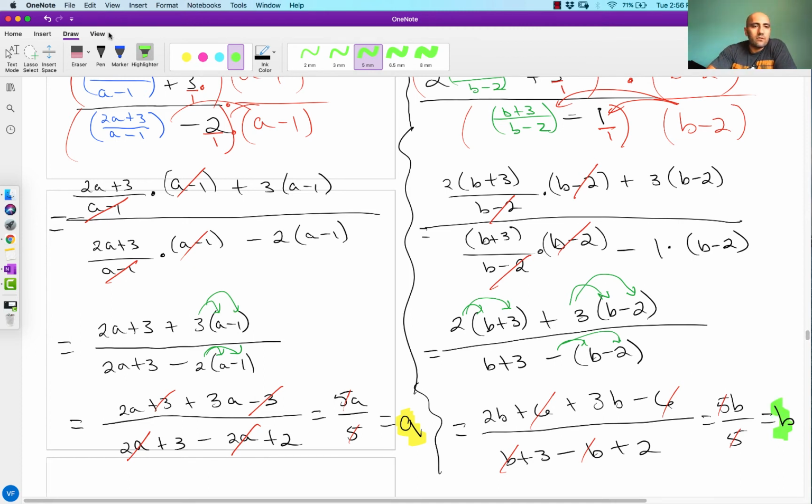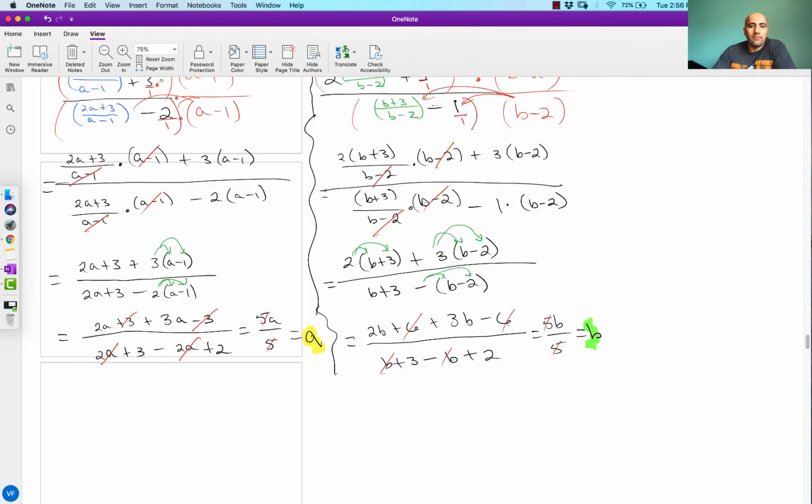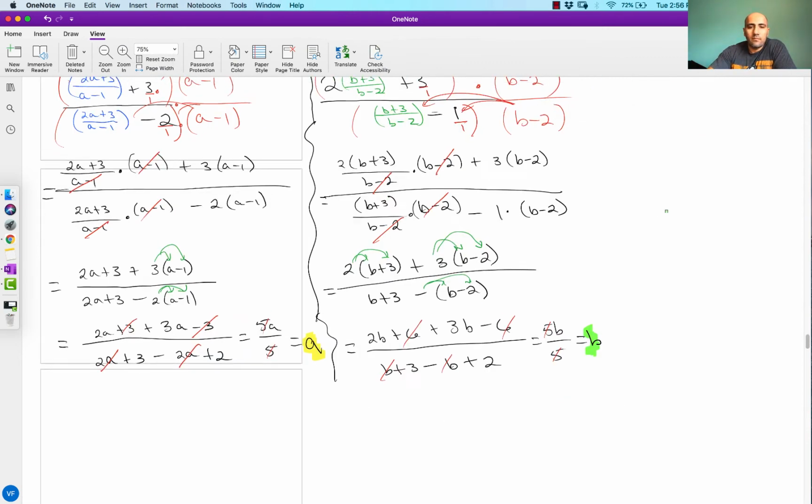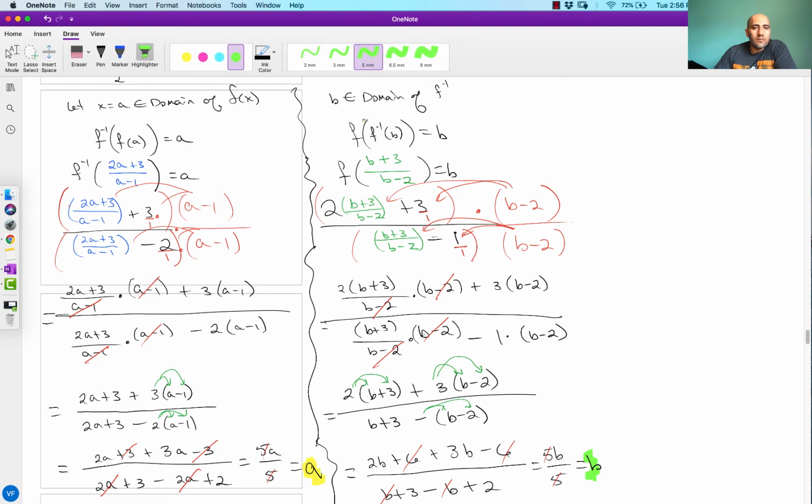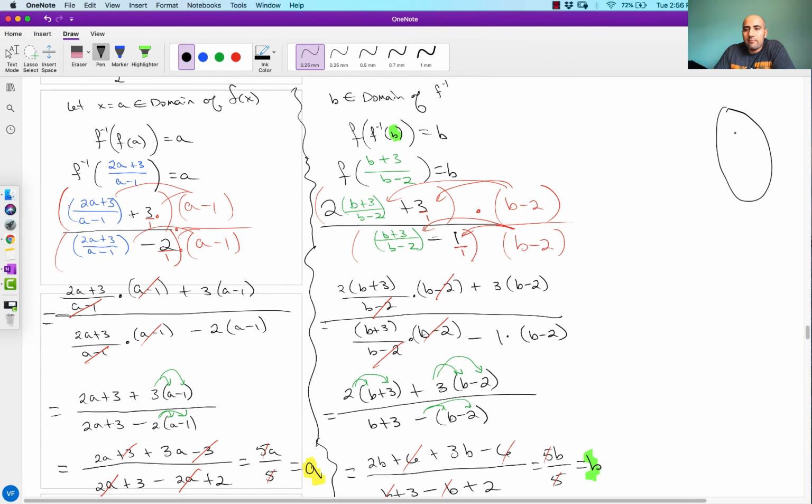Okay, zoom out. So I started off with b. I started off by plugging b into my inverse function, using the jelly bean scenarios here. Here is my b value.